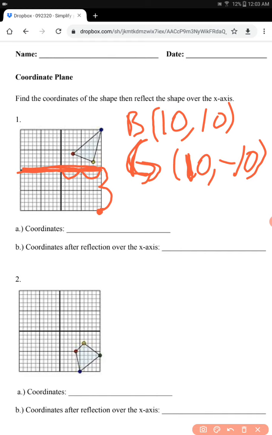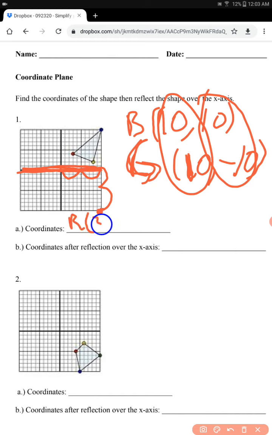If you notice, the x value is the same, and all that changes for the y value is the sign. So when we're reflecting over the x-axis, the x value stays the same, but the y value becomes opposite. We said that red was 3, 4, yellow was 8, 2, and B is 10, 10, of course.